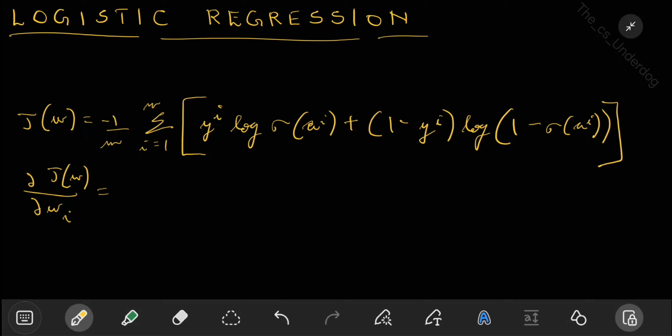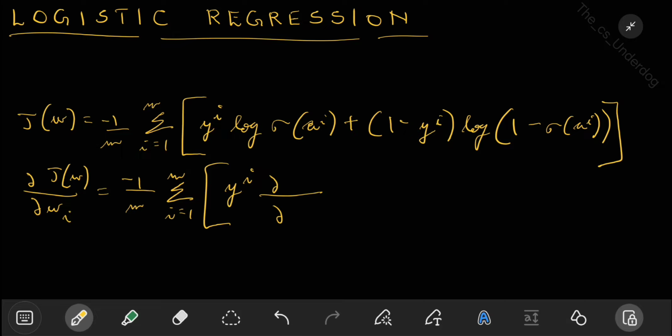Del by del Wj of J of W. You have to take the derivative of this whole equation, so wherever Wj is applicable, that is where you apply the derivative. So this will be minus 1 by m into summation i equals 1 to m, yi. Why am I not applying the derivative to this yi? Because there is no Wj term in yi, so there is nothing to take the derivative of.